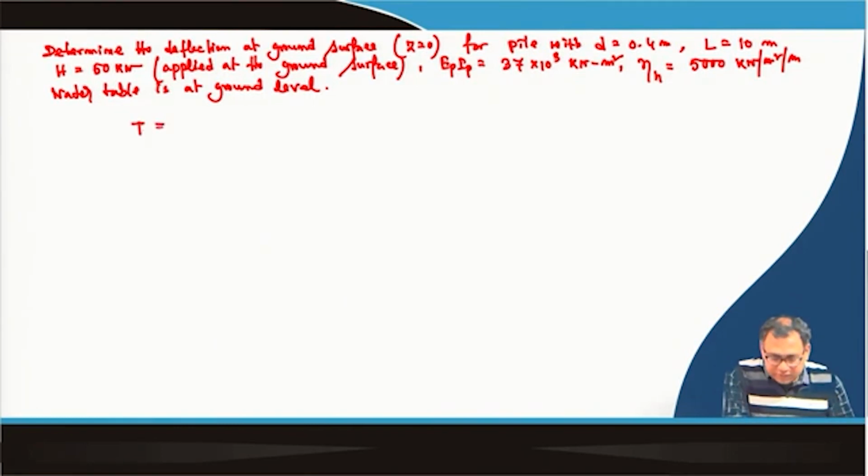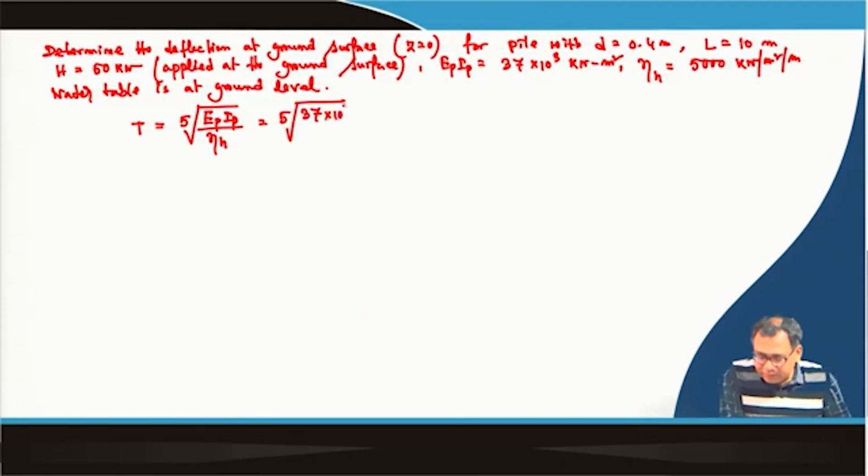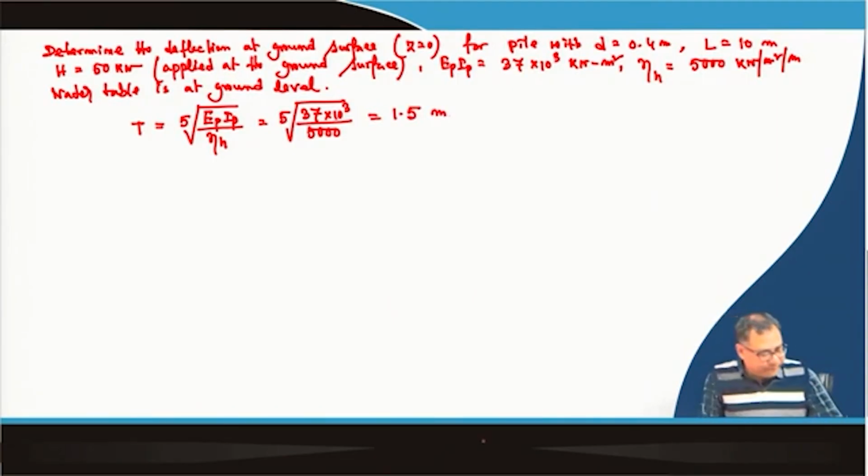So, first we will take the t value, which is the fifth root of E p I p divided by eta h. Then the fifth root of 37 into 10 to the power 3 divided by 5000 will be 1.5 meter.